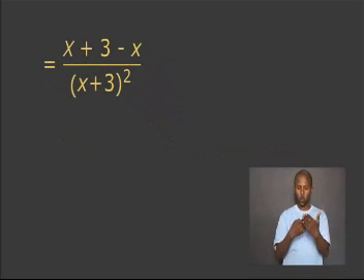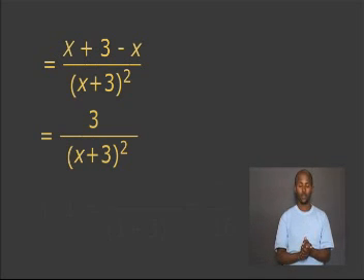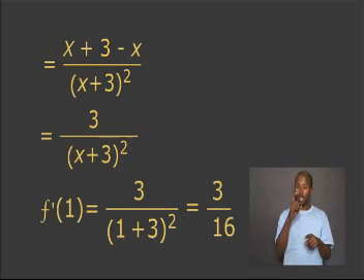So the expression becomes x plus 3 minus x over x plus 3 squared. Simplified, it is written 3 over x plus 3 squared. When x equals 1, the answer becomes clear. 3 over 1 plus 3 squared, or 3 over 16.